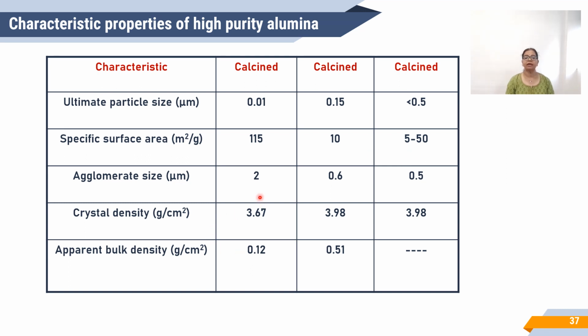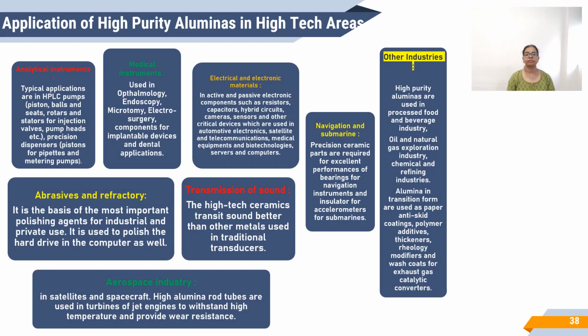The agglomerates, the micron size are 2.6 and 0.5. Crystal density is very high, that is 3.98 grams per centimeter cube, and apparent bulk density is very low, that is 0.1 to 0.51. This should be grams per centimeter cube.